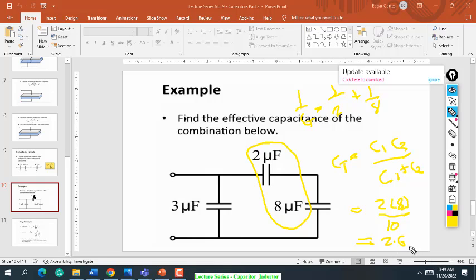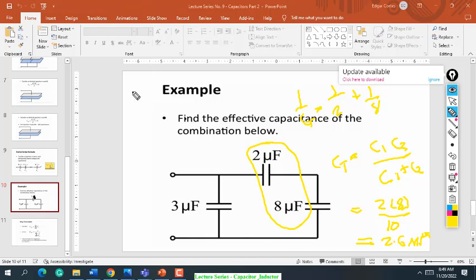The unit is microfarad. It's nice that they are all microfarad. What if this is millifarad, this is microfarad, and this is picofarad? That is the difficult one, because you are considering the scientific notation of the unit. So remember, it's 2 microfarad.